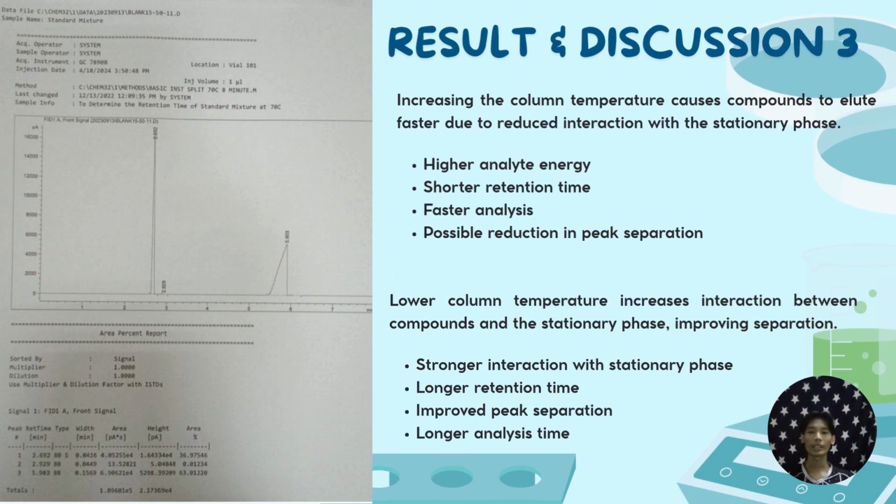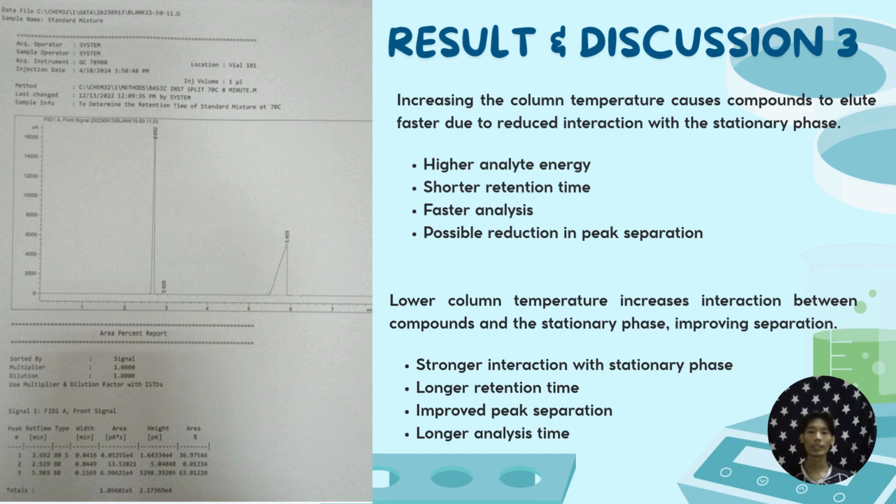When the column temperature increases, the analytes move faster through the column and interact less with the stationary phase. This causes a shorter retention time and makes the analysis quicker. But because the compounds separate over a shorter time, peak resolution can decrease, especially for compounds that elute close together.